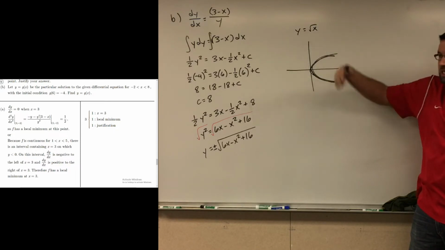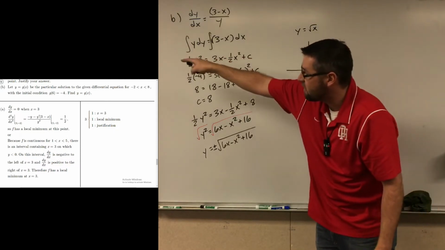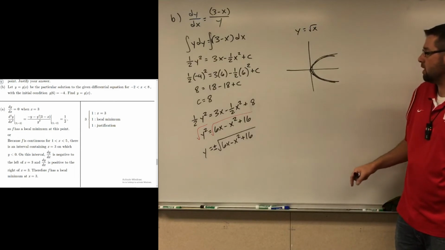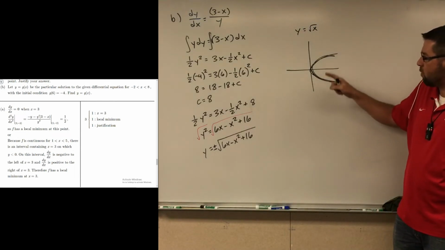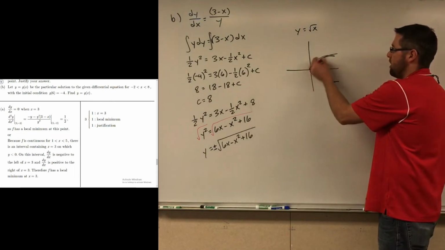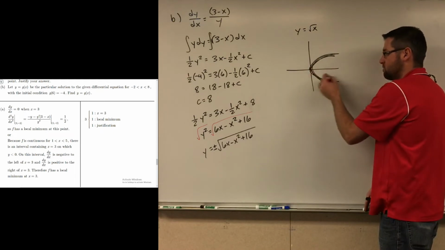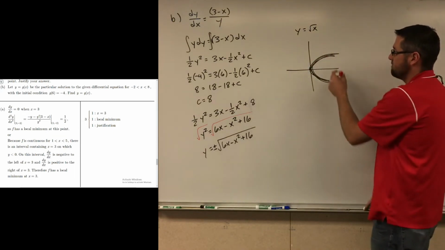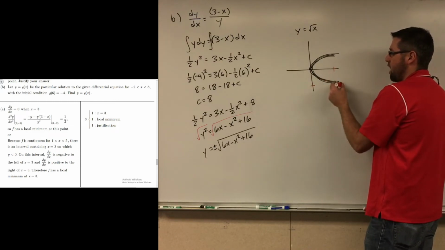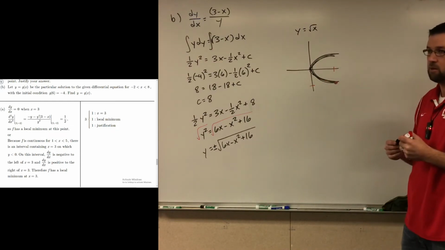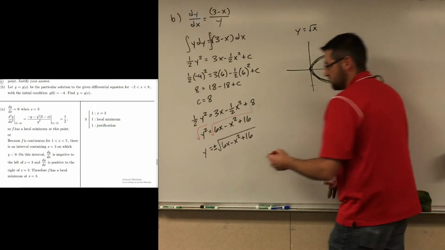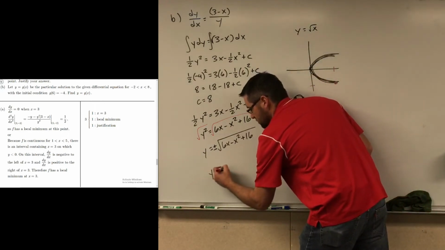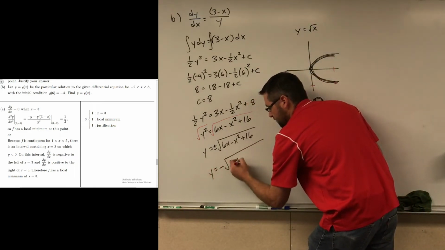Okay? We're dealing with functions. It says g is a function. Therefore, I don't want this part and this part, I want either this or this. I want the one that has the initial condition of 6 comma negative 4. I want the one that has that point in it. So therefore, I want which version? The negative version. So make sure you have the negative out front.